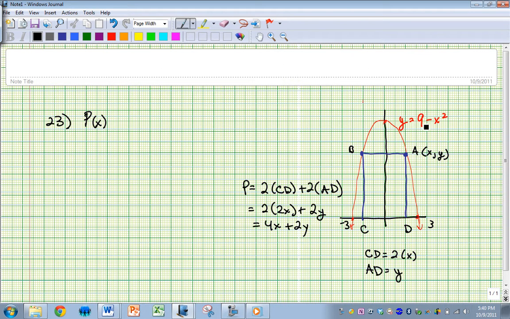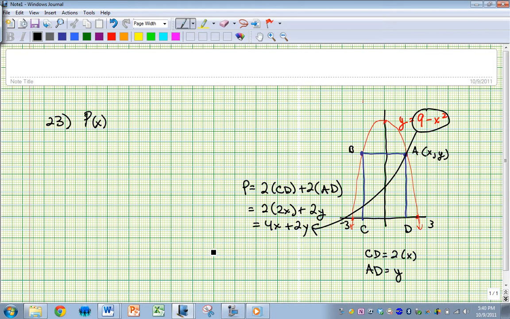I know that the y value, that y equals 9 minus x squared. So since I know what y is, and because I'm writing this in terms of x, I can substitute this y value into this y.